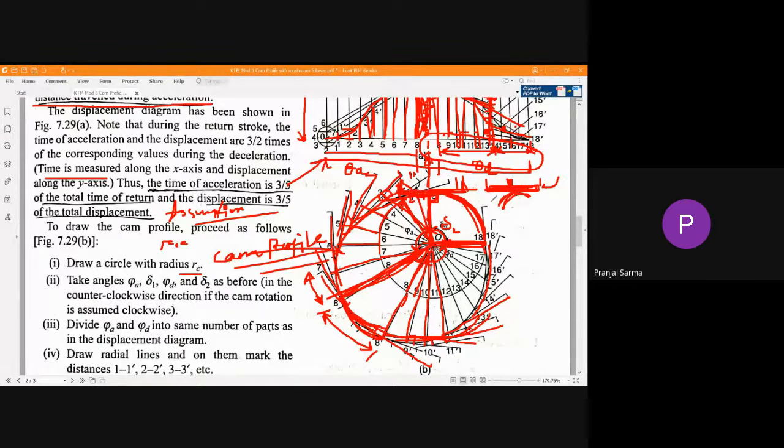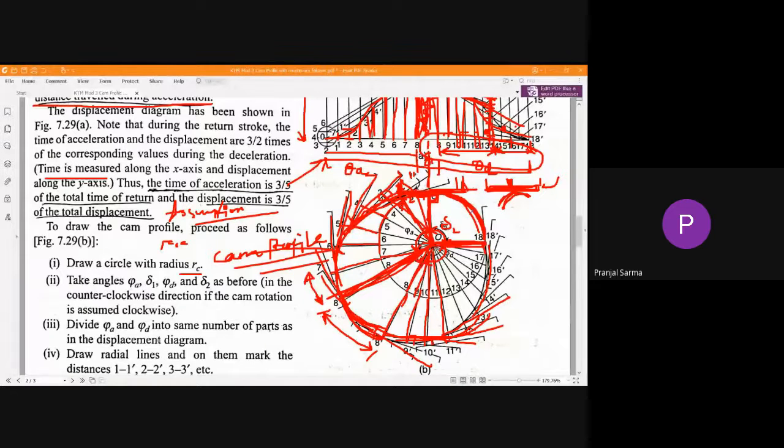It has to be tangential to that, just like in the previous cases you have been doing. So join these points with a freehand smooth curve, which has to be tangential to the end portion or end face of the follower.